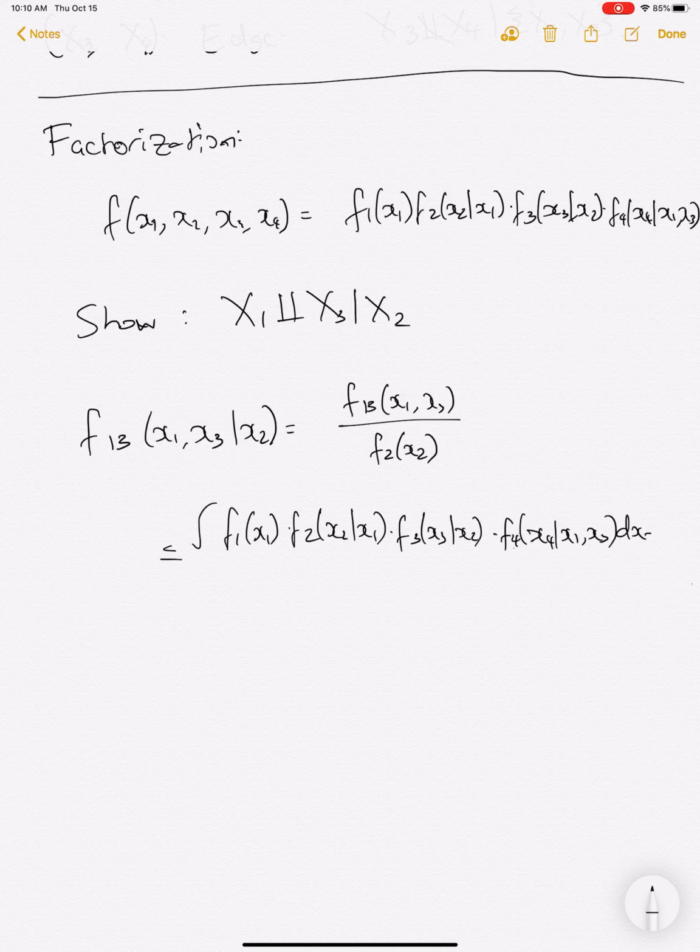And then we want to integrate that over x2 and x4.